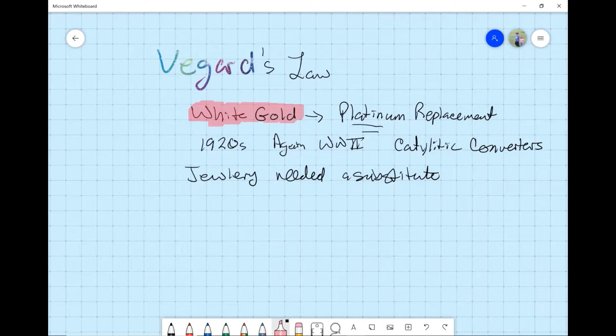And in general, white gold is usually a white metal. They make it out of palladium and gold, not copper, because that would be red gold.